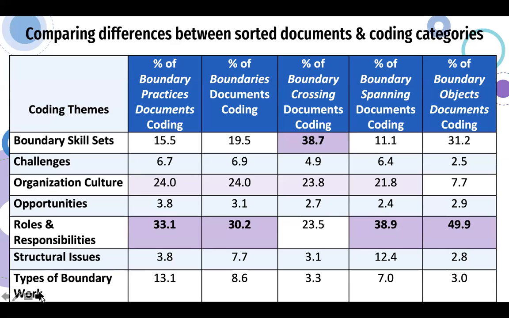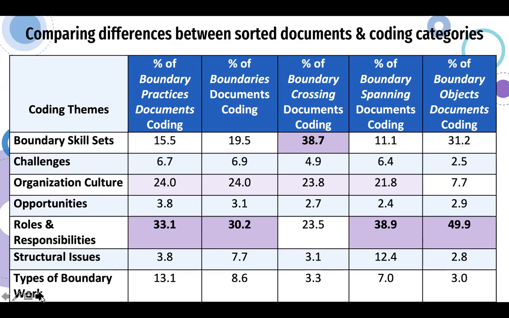So you can see from this chart, in the first column are my coding themes that emerged from the articles that were coded in the literature review. And each of the columns is the percentage of numbers of times those codes were used in each of the 5 different categories of articles.